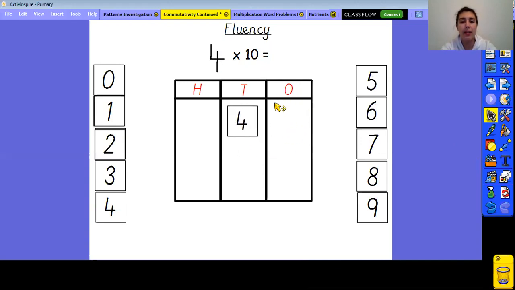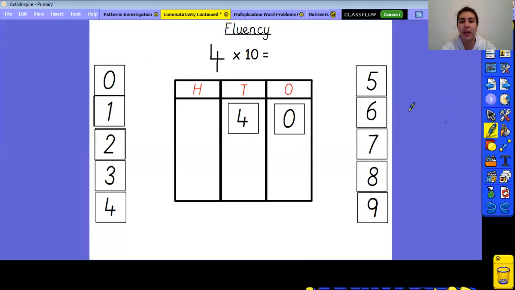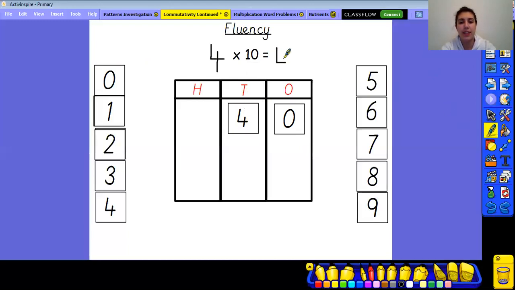But what happens is that our ones column becomes empty. So what digit do I need to put here to stop my 4 from sliding back into my ones column? Well, remember, I need to put a 0 there, which is called a placeholder, because without it, our 4 would not stay in the tens column. So that then means my answer is 40.